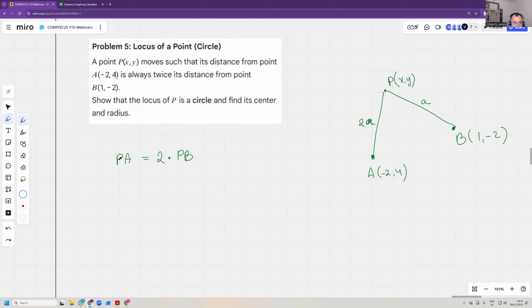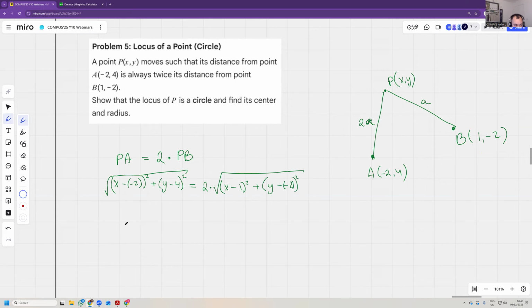So PA equals 2PB. Now PA, the distance between P and A, is the square root of (x minus 2) squared plus (y minus 4) squared, which equals 2 times the square root of (x minus 1) squared plus (y minus 2) squared, which is PB.